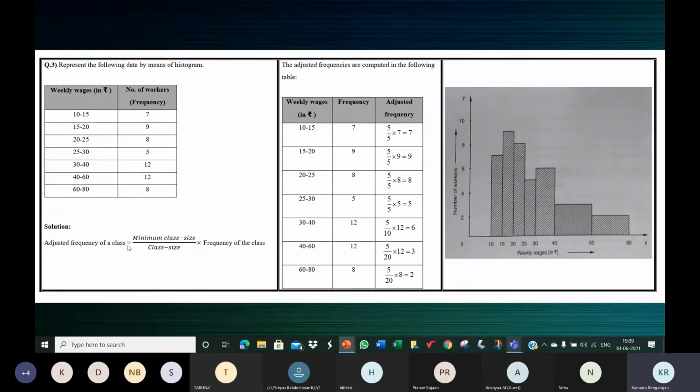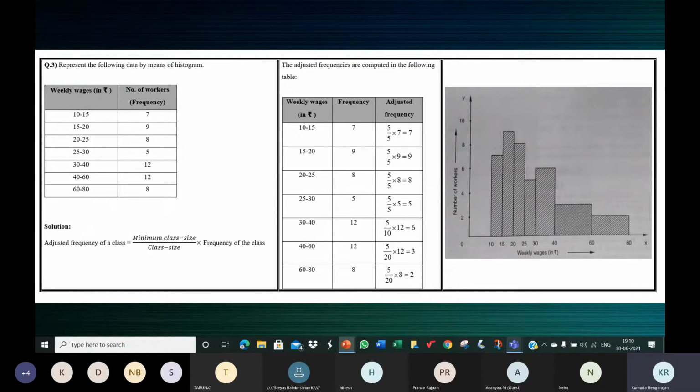To find the new frequency, these are the given class intervals, and these are the frequencies. We're going to prepare another column with the heading adjusted frequency. The formula to find the adjusted frequency is minimum class size, and here we have 3 different sizes, 5, 10 and 20.